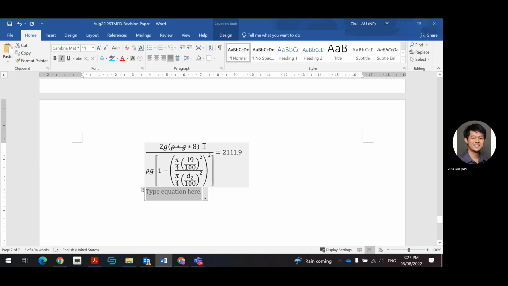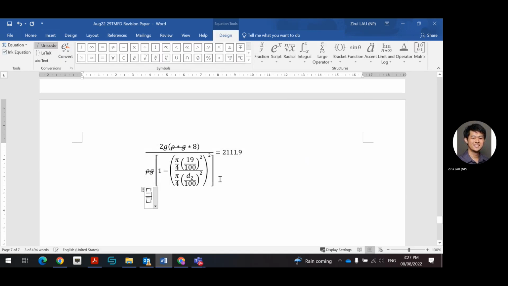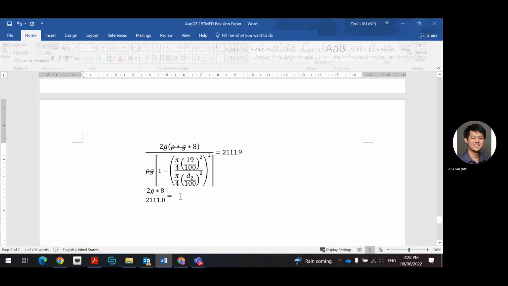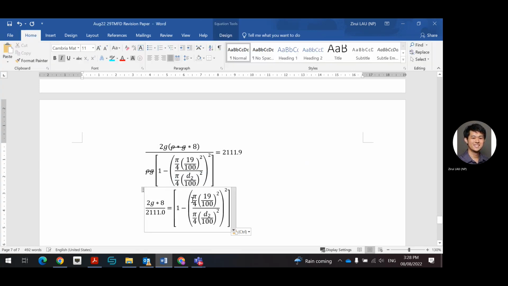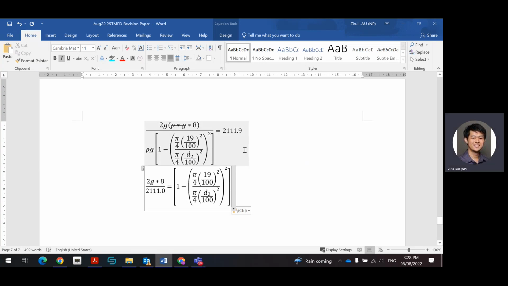So follow the maths. This is 2G times 8 divided by 2111.9 equals to... so I switch the 2111.9 with the bottom side.